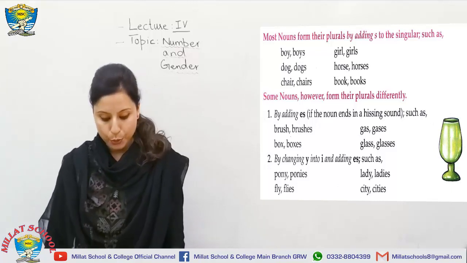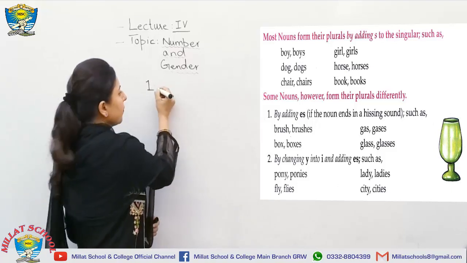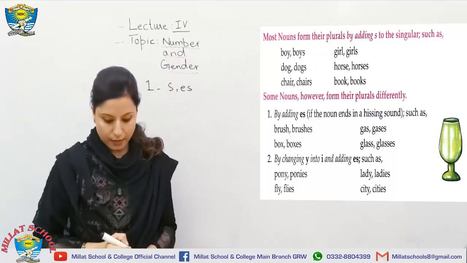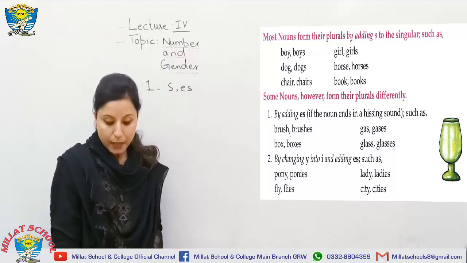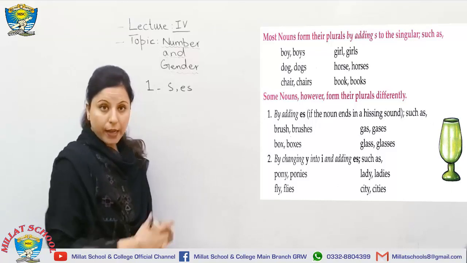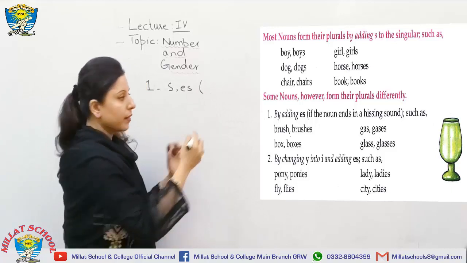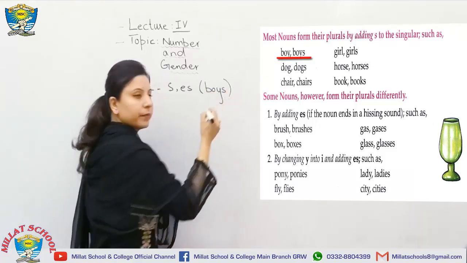The first rule tells us how we should add S or ES. There are some words that have been given on page number 20. It is like boy and boys. The examples are given, boy and boys.